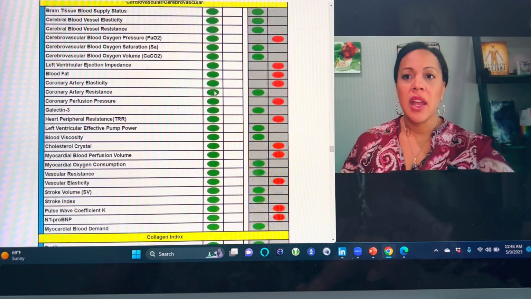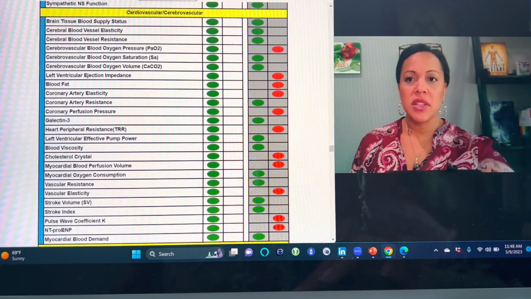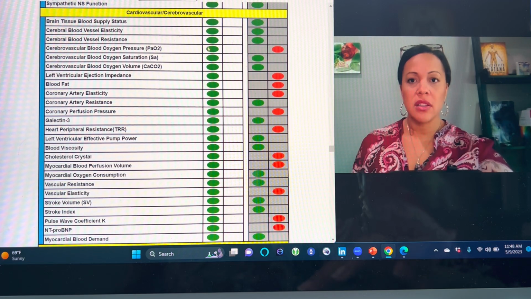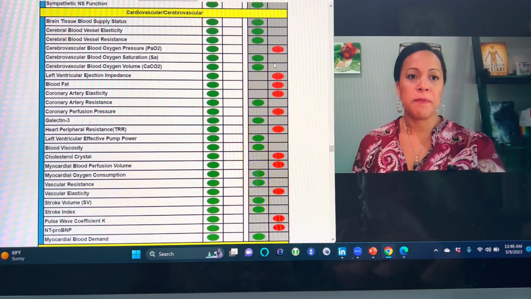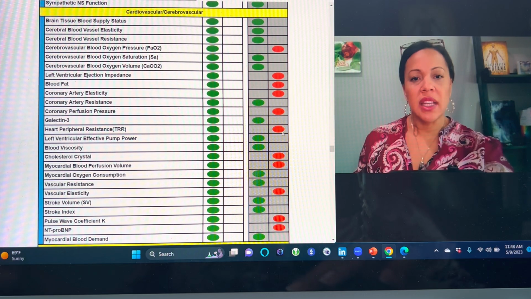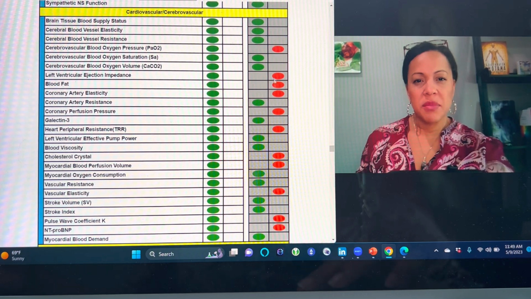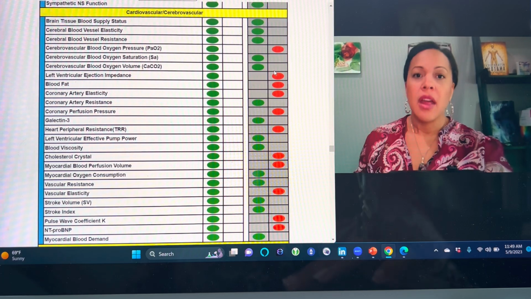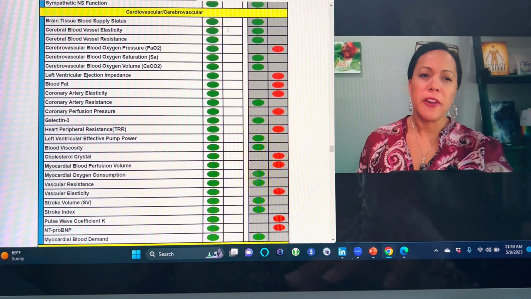In any event, then you get to a category like, say, this one is cardiovascular and cerebral vascular. This person, I'm looking and I'm seeing a lot of reds, which gives me a little bit of a red flag, where I would think, okay, this is a very important category, cardiovascular and cerebral vascular.